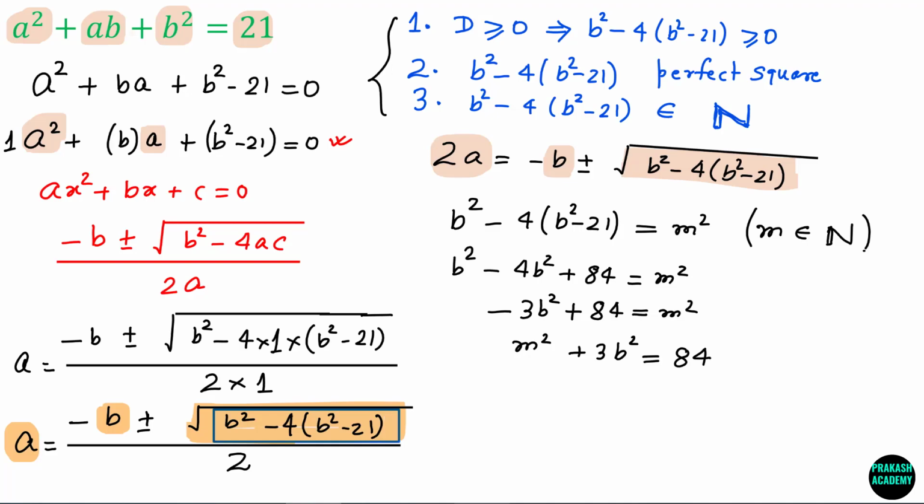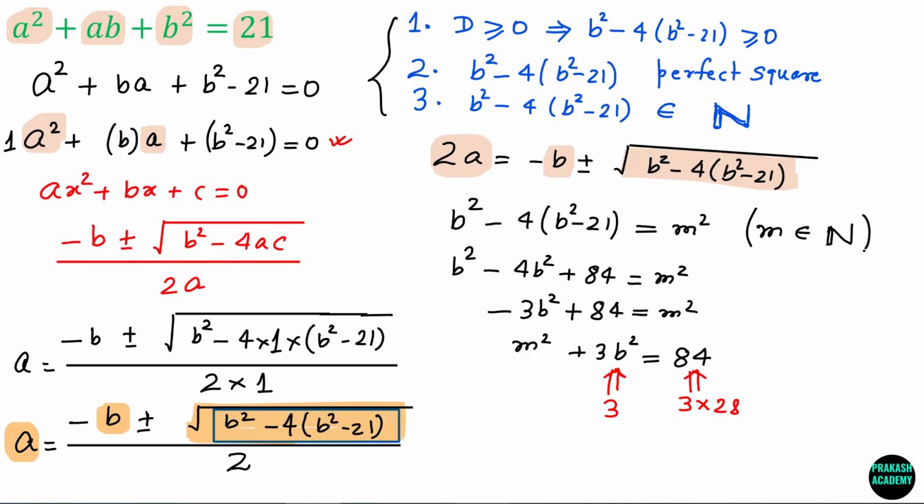Now see this equation. In this equation, this number is multiplied by 3. So this means this is divisible by 3. You understand? So this is divisible by 3. And 84 can be written as 3 into 28. This means this number is also divisible by 3.